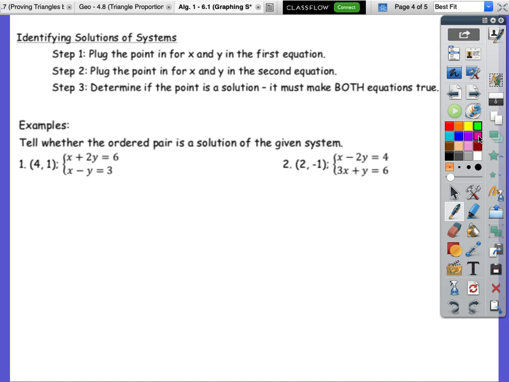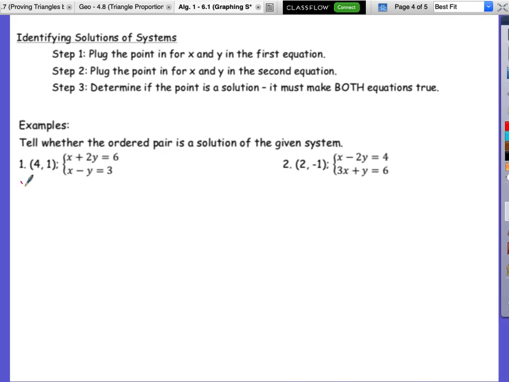So let's try this first one. It's more plugging in like we were just doing. We'll take this (4, 1), and we'll plug it into x plus 2y equals 6. Blake, can you tell me how we would plug this in? I agree.